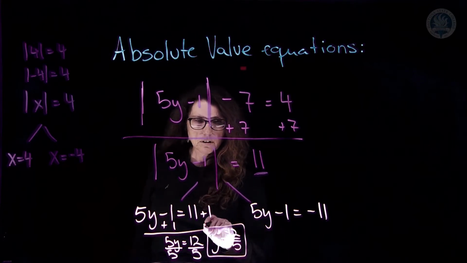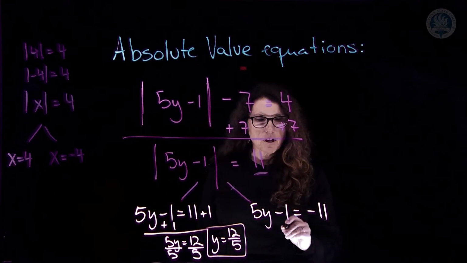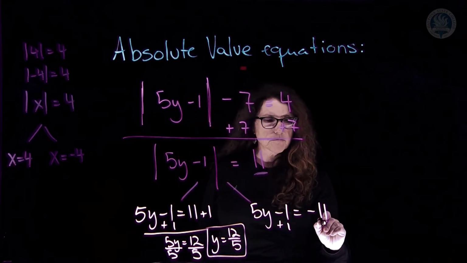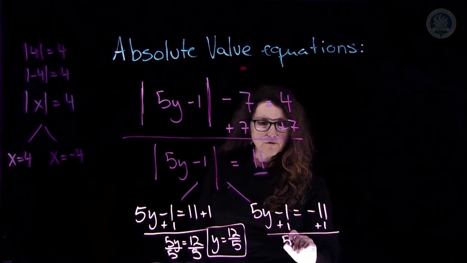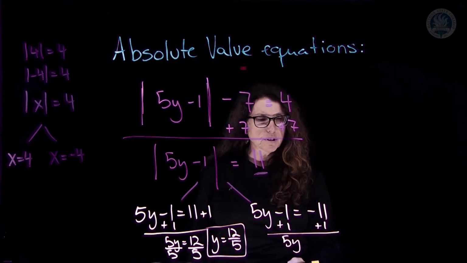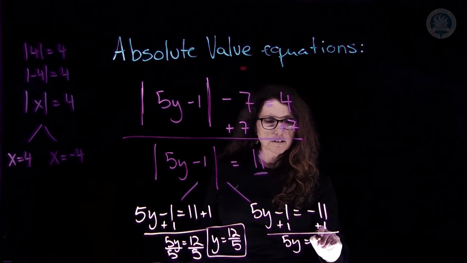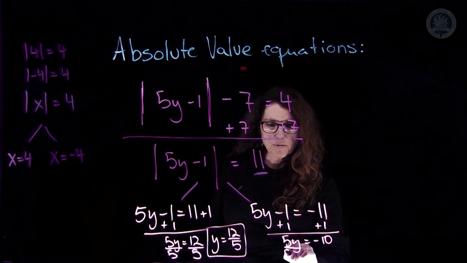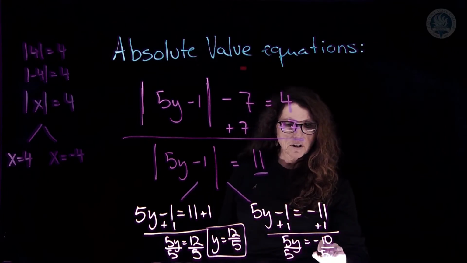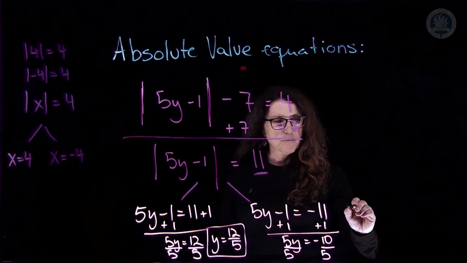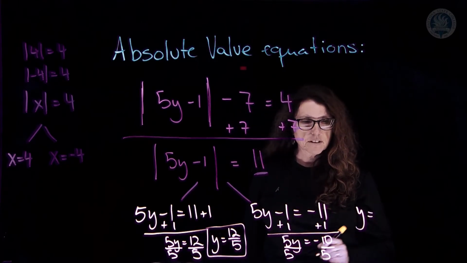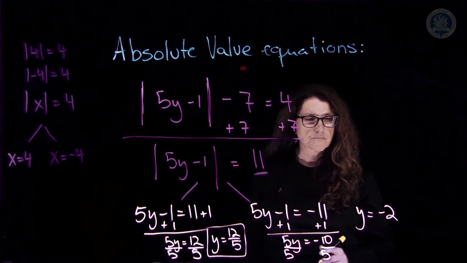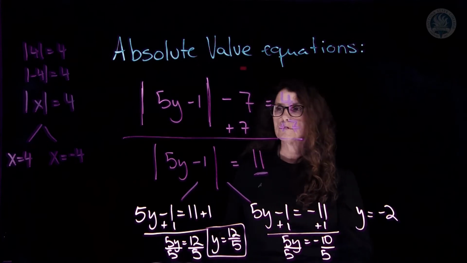Beautiful. Now on the other side, we're solving, plus 1, plus 1. 5y, negative 11 plus 1 is a negative 10. Divide by 5. Negative 10 divided by 5, y is equal to negative 2. So we have two solutions.